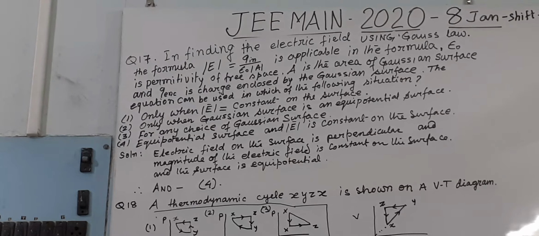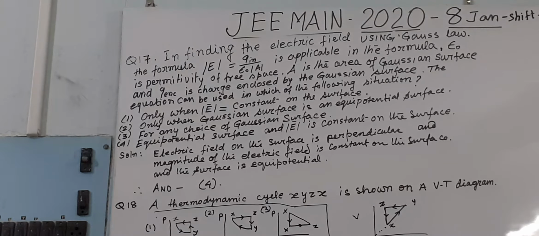There are four choices. Now in the solution, we know that the electric field is perpendicular to the surface, the magnitude of the electric field remains constant, and the Gaussian surface is an equipotential surface.